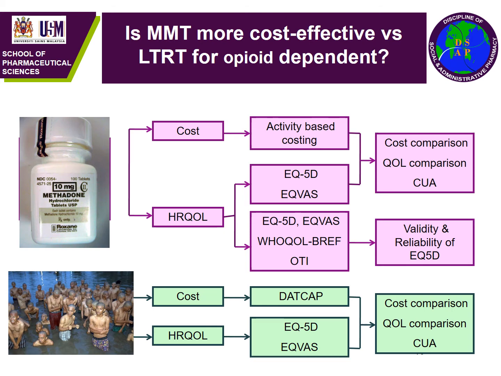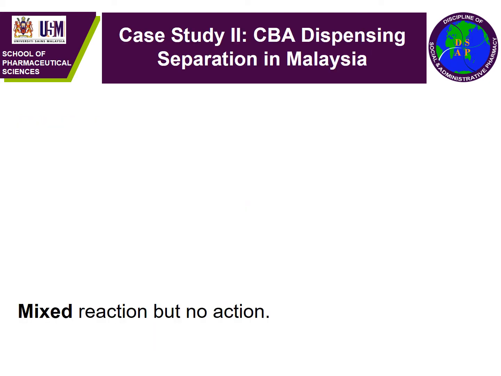There are, of course, many studies out there that use pharmacoeconomic, economic evaluations to try to inform decision makers on many other healthcare problems. For example, this study was done to compare the cost effectiveness between methadone treatment and long-term rehabilitation treatment, in other words, for opioid dependence.